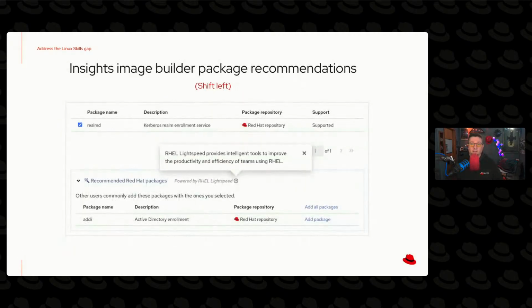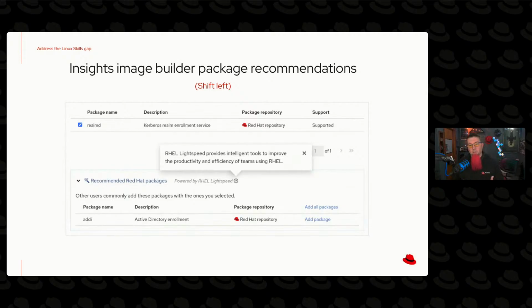All right, I talked about the package recommendations in Insights Image Builder. Just to summarize, you can see this today, this was included with Insights Image Builder previous to RHEL 10, but we're announcing it here with 10, but it's a very recent addition. You can see in the example here, you're going through package installations inside of Insights Image Builder while you're designing your new image, and you've said, I'd like to install realmd.